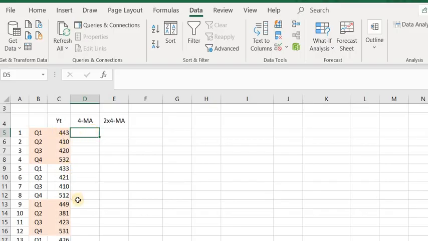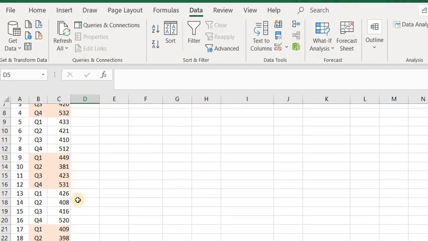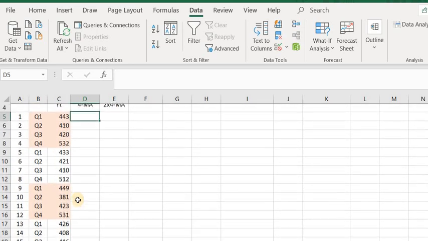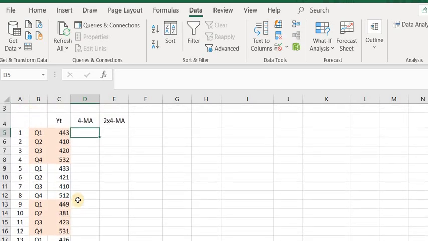Let's look at this example. We have quarterly data for 5 years. In order to find the CMA, since the data has quarterly seasonality, we have to make the CMA by using the 2 times 4 order of moving average.